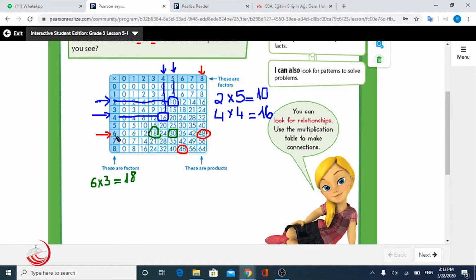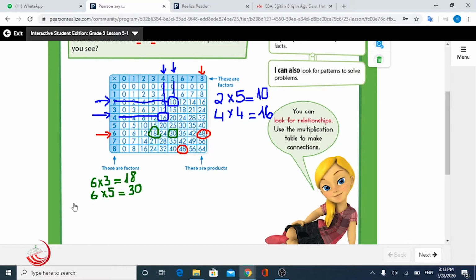And 6 times 5 will give me 30. If I add the product of the first equation to the second equation, I will get number 48.